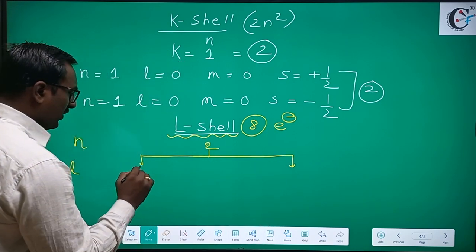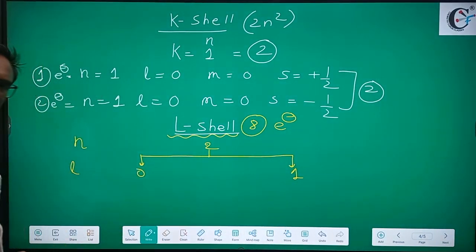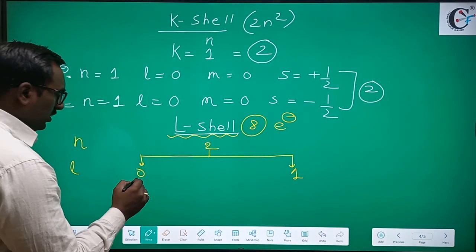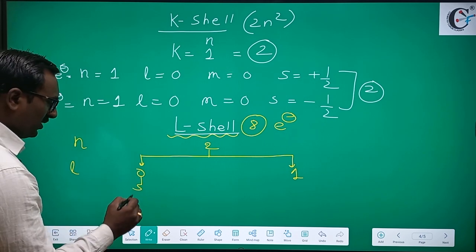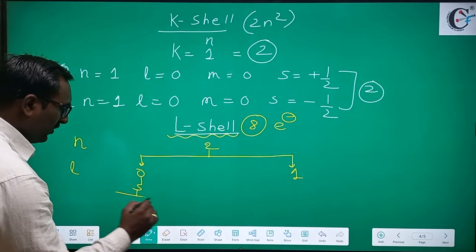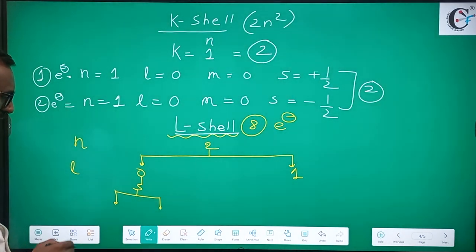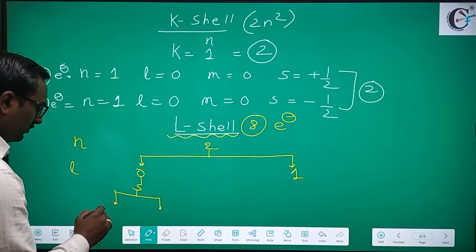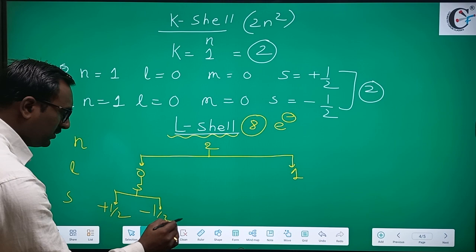l may take possible values. It may take 0 or it may take 1. If l is equal to 0, it means that it is s orbital. S orbital carries how many electrons? 2 electrons, with spin plus half and minus half.